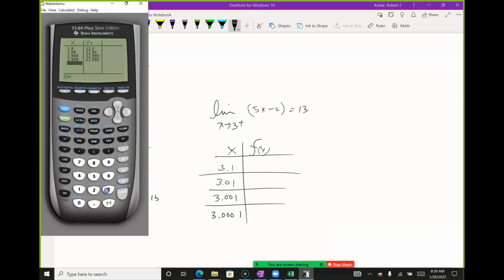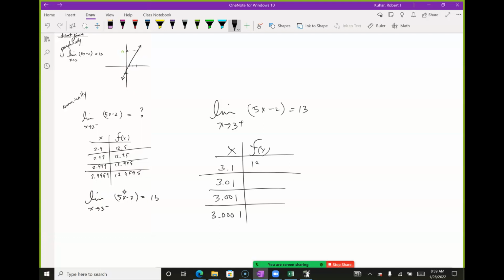So now 3.1, 3.01, 3.001. You can already see, oops, I missed that 3.0001. You can see that 0.5 moving. So I had 13.5, 13.05, 13.005.